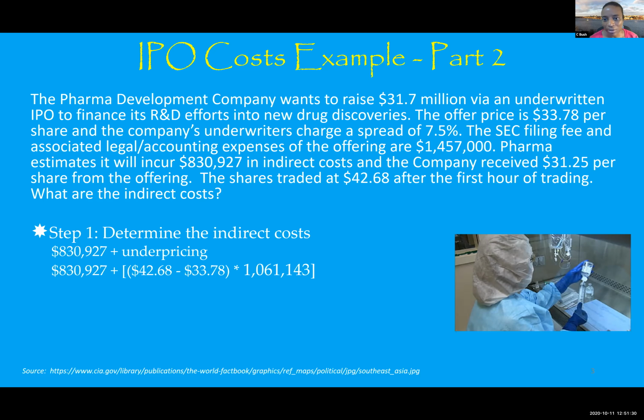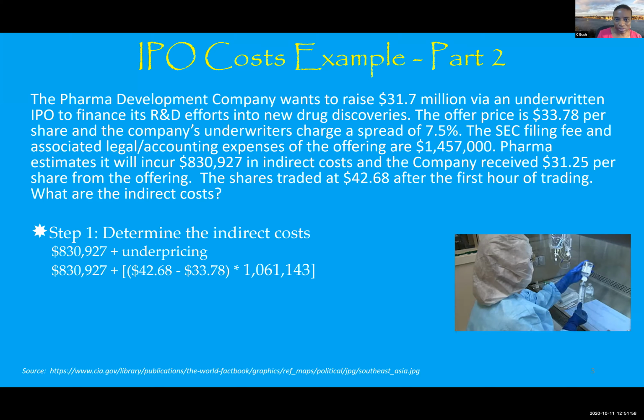We normally do the first hour. Some people do the first day, but normally in my examples, I'll tell you the first hour. And subtract that from what the investment banks sold the shares at when they sold them to the institutional investors. That's the underpricing. So that $42.68 minus $33.78 represents the amount of money the company didn't receive, but they should have.